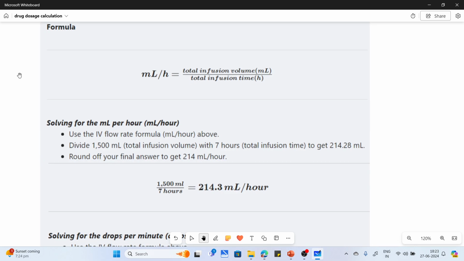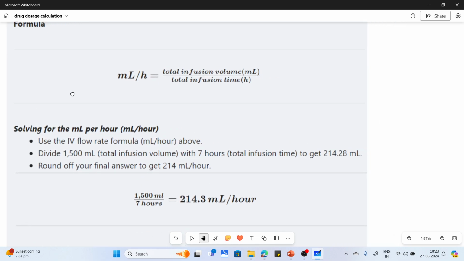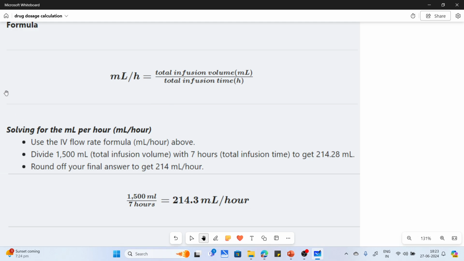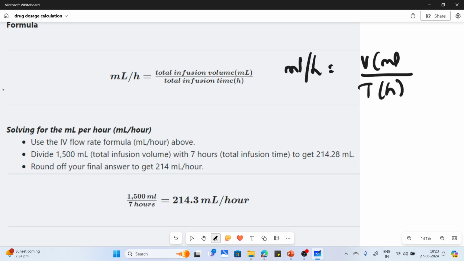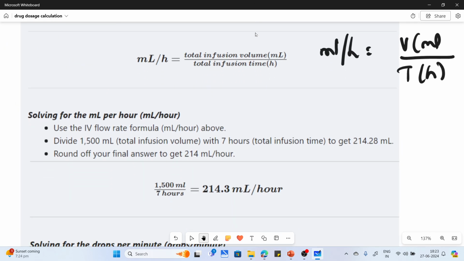See, here we have the formula. So how many ml per hour? That is total infusion volume in ml divided by total infusion time in hours, right? Here the question was about 1500 ml.